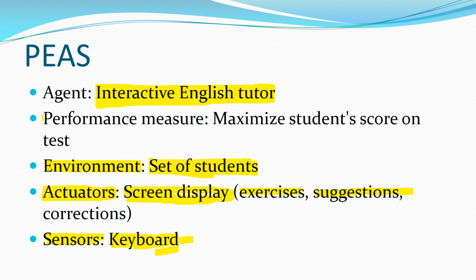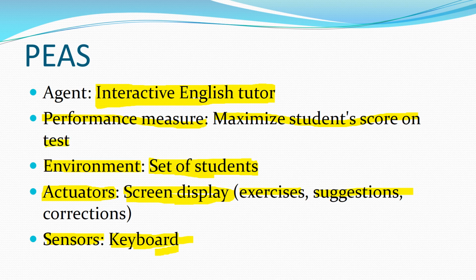Now, what are the performance measures? Performance measures, as we have seen, are the measures through which you will come to know whether you have designed a good agent or not, whether the agent is rational or not. So what are the performance measures? The important performance measure is to maximize student score on the test.